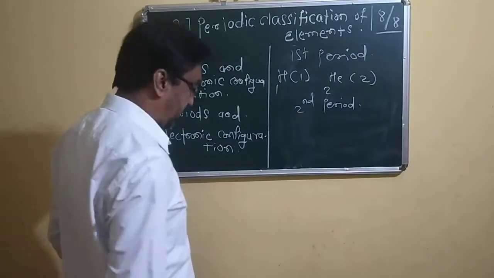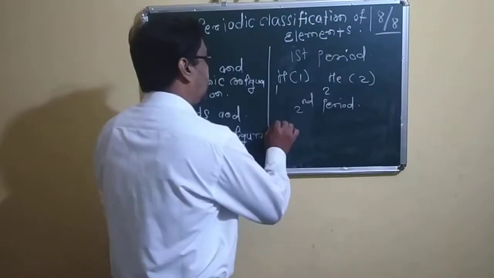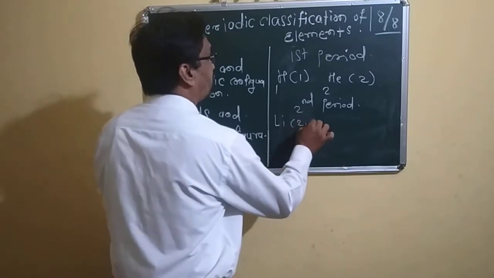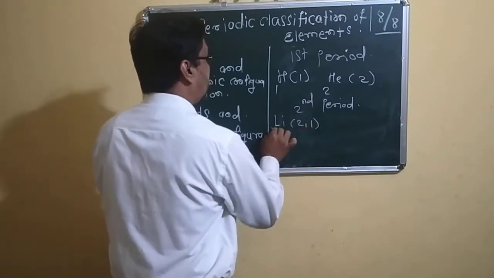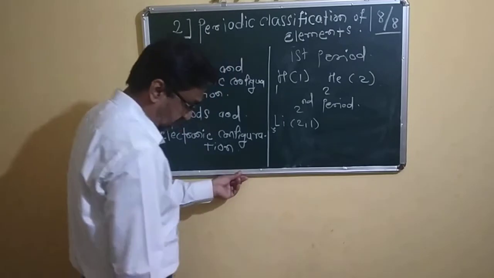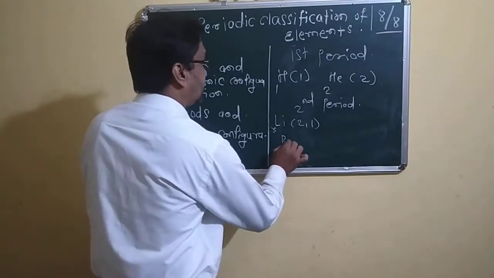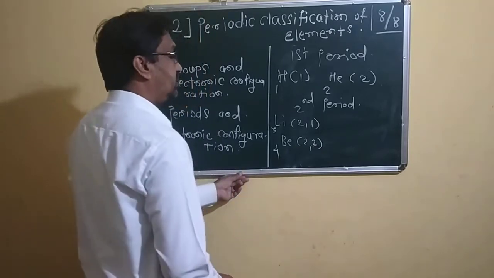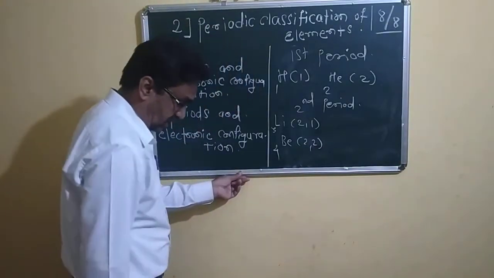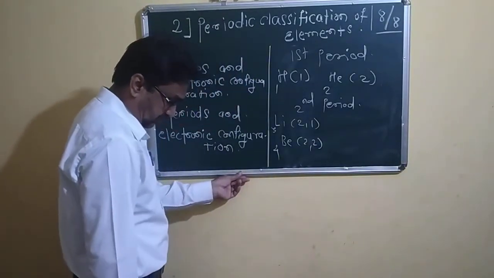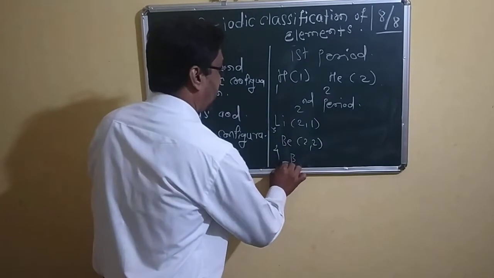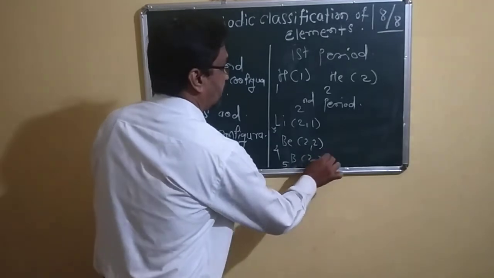So we have to write down the electronic configurations. Lithium: atomic number is 3, electronic configuration is 2,1. After lithium, beryllium is there, atomic number is 4, 2,2. After that boron is there, atomic number is 5, 2,3.